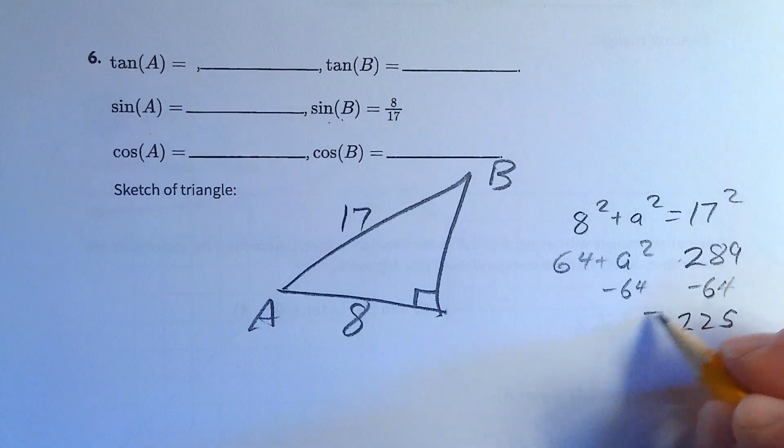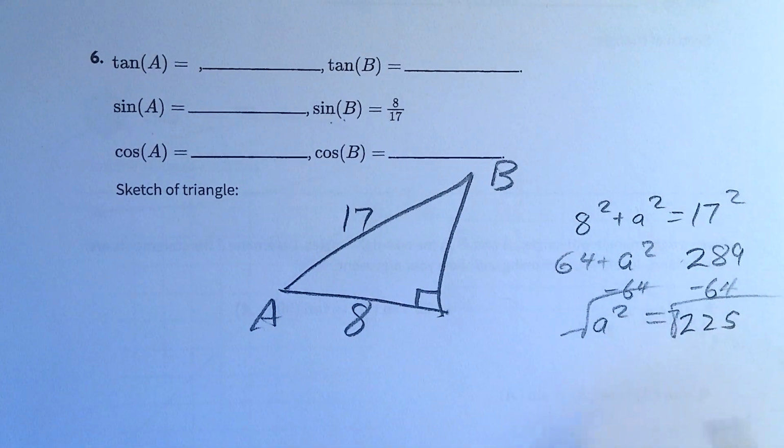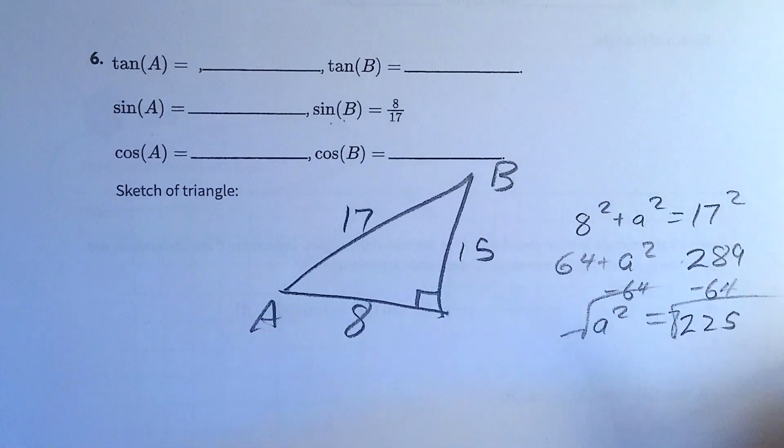Woohoo! Square root of 225 is 15. Pretty sweet.